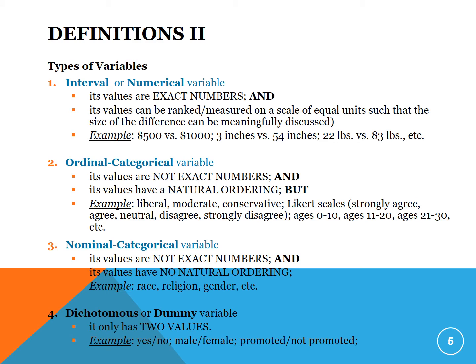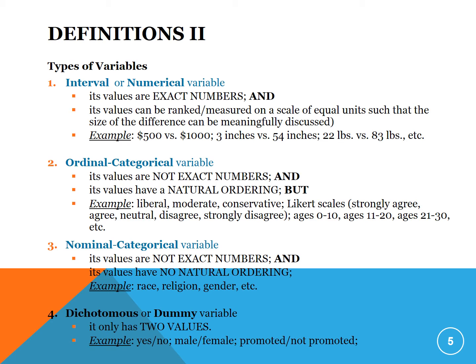These categorical variables are different from interval level variables because they aren't exact. They can't be exact, otherwise we would call them interval level variables. So if the variable we're looking for is political ideology, someone's liberal, someone's moderate, someone's conservative.